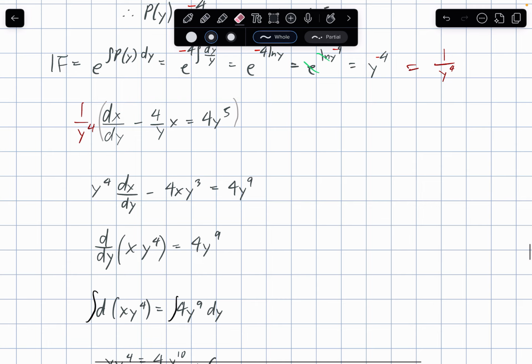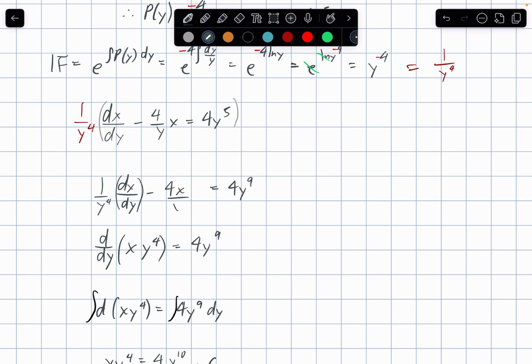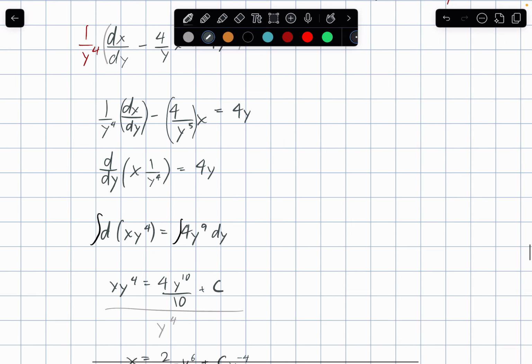Okay, 4x y raised to 5, so that's going to be 4y only. So the x is still as is, just like you wrote it. Integrating factor is 1 over y raised to 4.